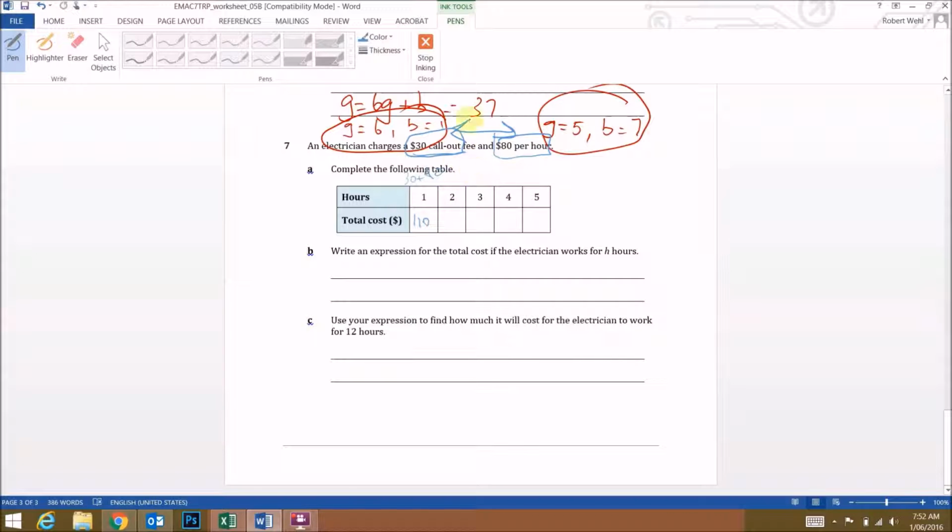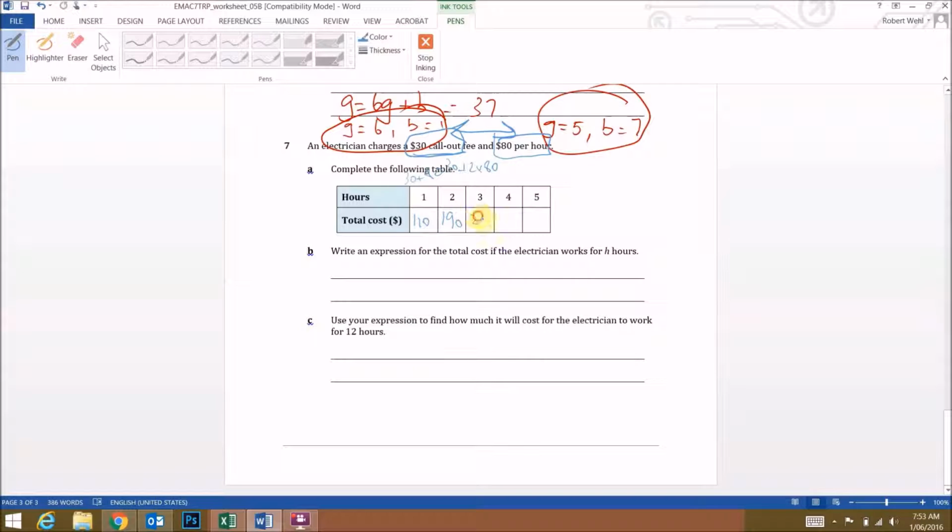For the second hour, it's going to cost you $30 plus 2 times 80, so that's 190. And then it's going to go up by 80 each time. The difference between 1 and 2 is 80, and it'll be the difference for all of them.